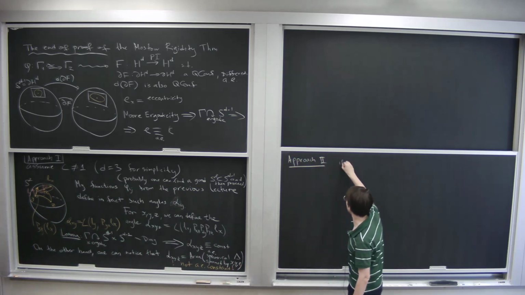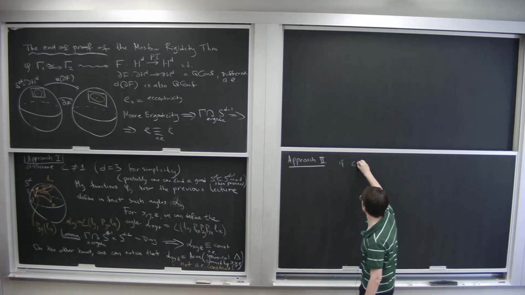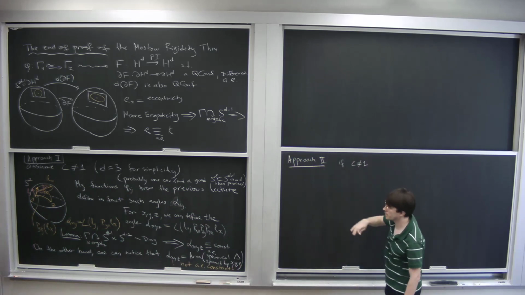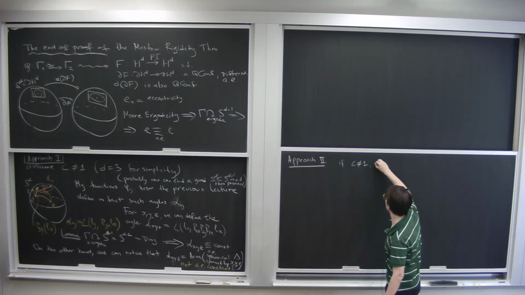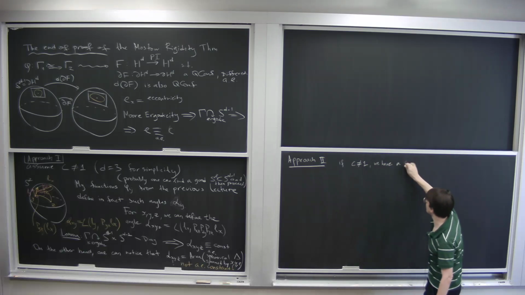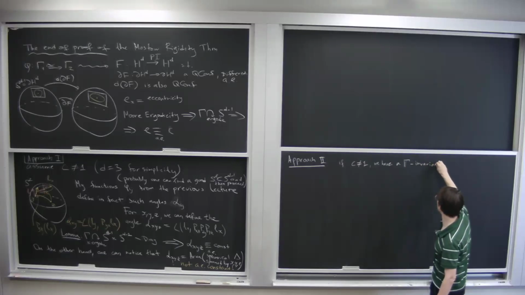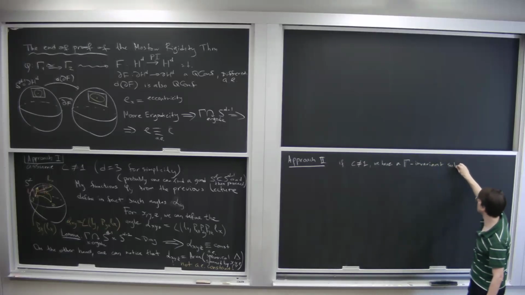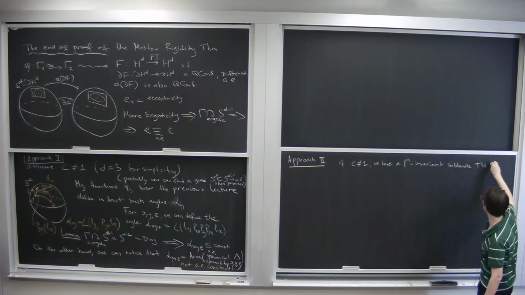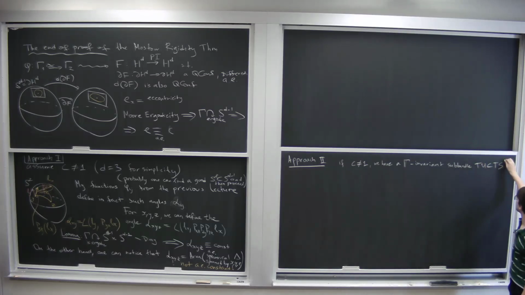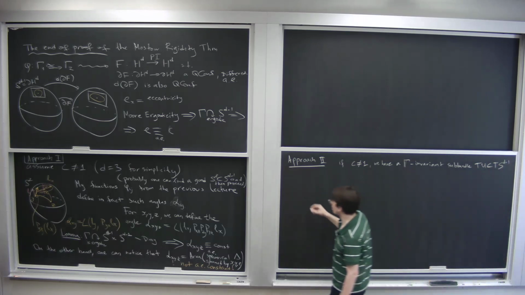So again, if C is not equal to 1, if this is eccentricity, we have a gamma invariant subbundle TU in PD as D minus 1.